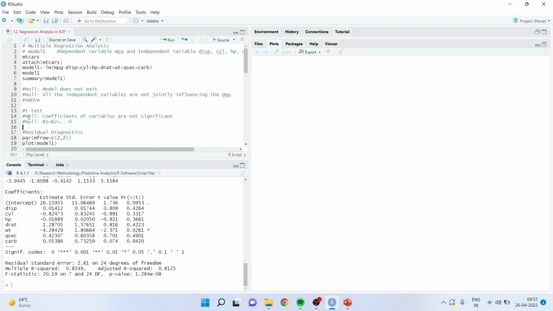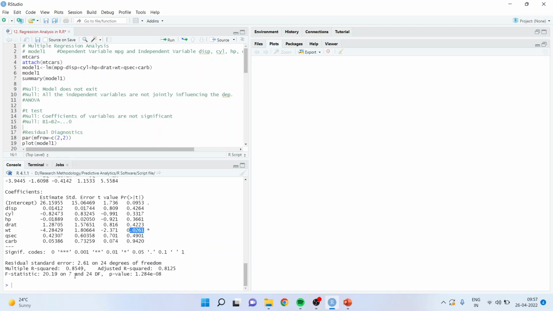So the desirable is that we should reject the null of both the t-test and ANOVA. It means we should have a p-value here which is less than 0.05, and only then can we say that this variable is significantly contributing towards the dependent variable. So this is the second thing which we should see.